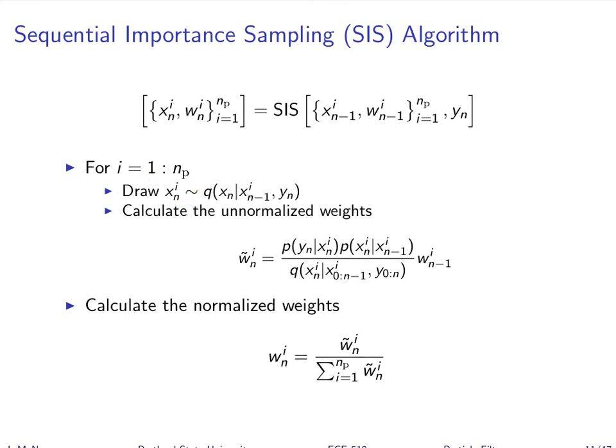Draw these from a random number generator that you pick, say it's Gaussian, and use that recursive equation that you now know how to evaluate to calculate what your weights are at time n from time n minus 1, and then normalize them. And remember, these weights are scalars, so this is not cumbersome. These are vectors, but these are simply scalars.